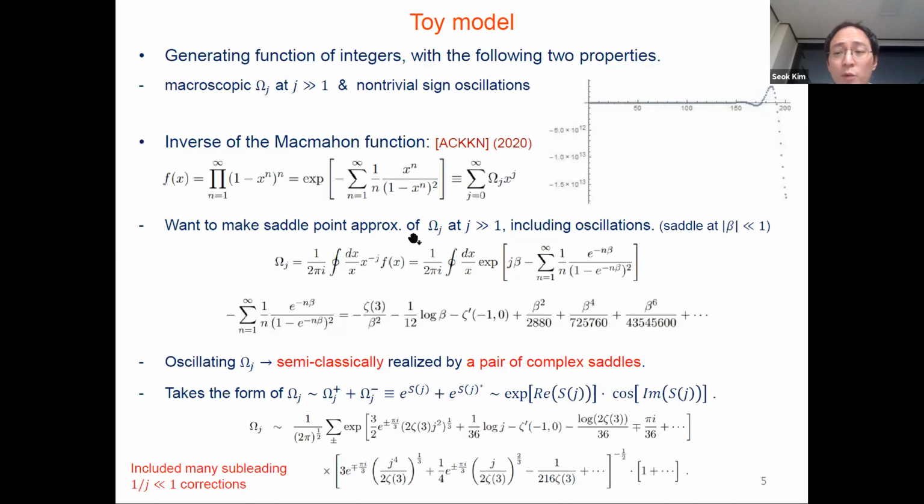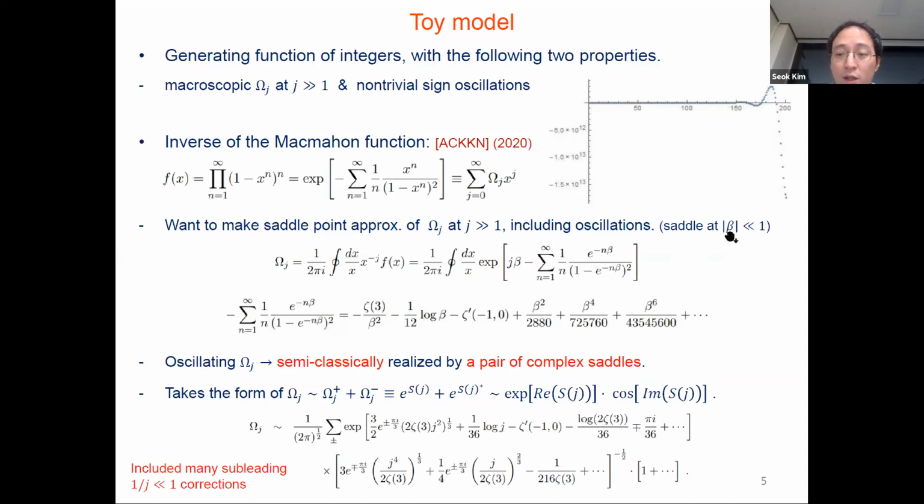Okay? So I want to get the same result by computing a curve trying to mimic this in saddle point approximation. Okay? So if you try to do the saddle point approximation of this integral, you plug in the value of this, you have to extremize this. When J is large, the derivative of this term will be a large term. So in order to balance these terms to get a non-trivial saddle point at large J, this term has to be large by taking beta to be small.